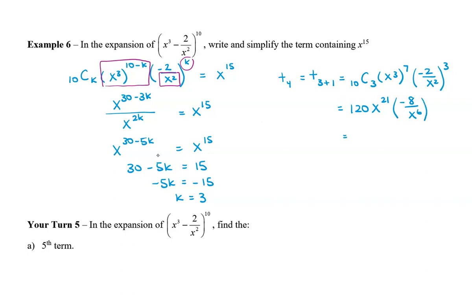Simplifying this, 120 times negative 8 is negative 960. x to the 21 divided by x to the 6 is x to the 15, which is what we wanted. We wanted to find the term that has x to the 15. And that's how we do this, using a bit of algebra and then using the general term.